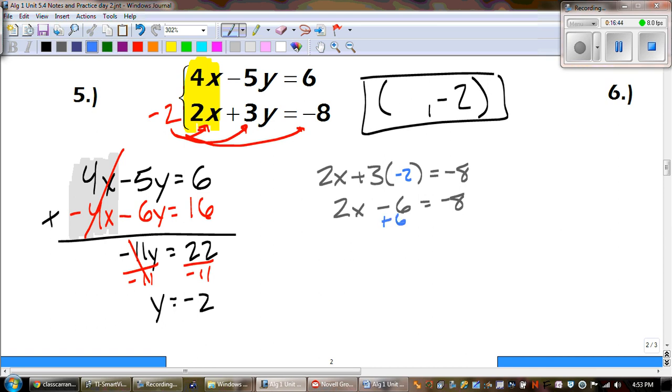And now we're just doing inverse operations. SADMAP. -8 plus 6 is 2. -2. Almost forgot that. Divide both sides by 2. And what does x equal? Yeah, x equals -1.